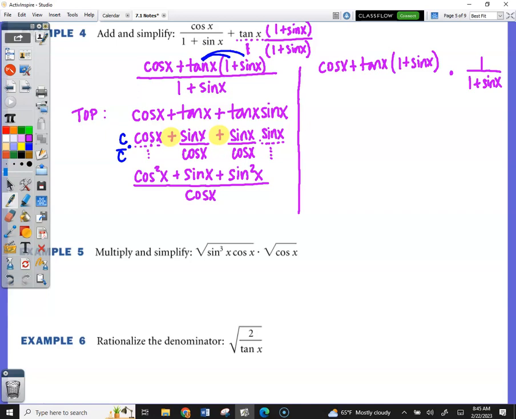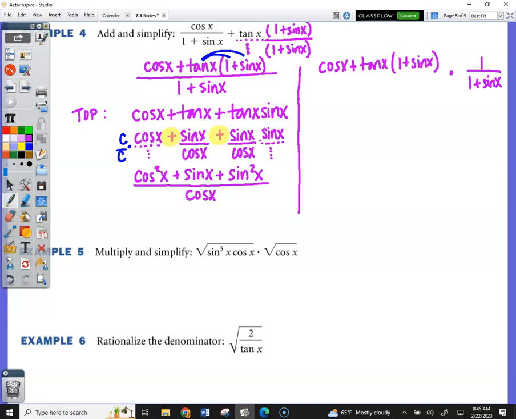You're changing the appearance of it, but in terms of typing it in the calculator and getting the ugly decimals, you're not changing the value. So you have the freedom of multiplying by 1 wherever you need to. My 1 is cosine over cosine, and since that's just a 1, there's nothing to balance, because I didn't put it off balance. I left that alone because that already had the denominator I needed, and that one did too.